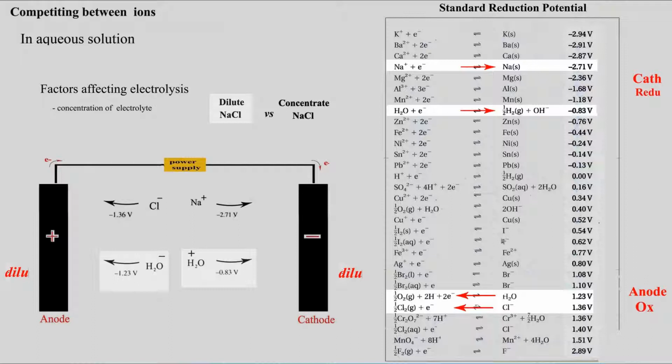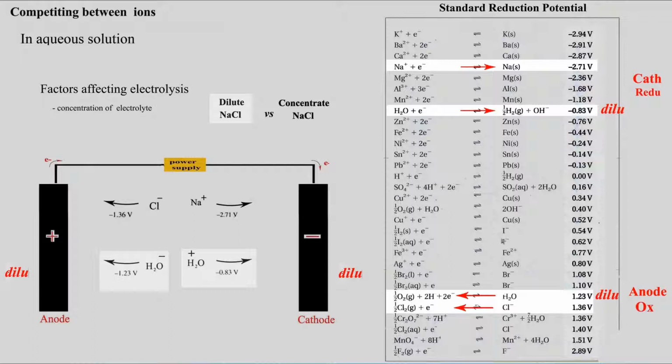Cathode also water, also based on the most positive wins rule. So on the table, I mark down water at the anode, dilute, going to react. Cathode, dilute, water going to react.